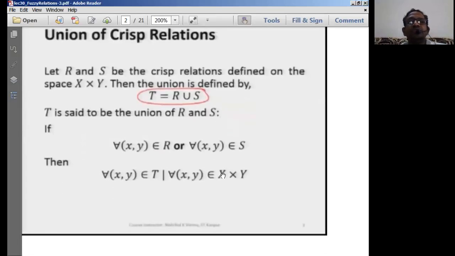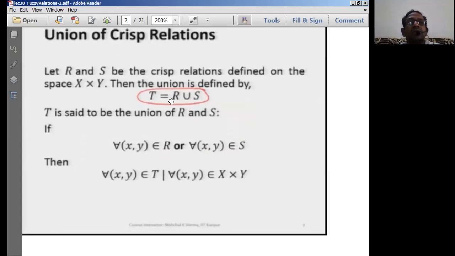So let us suppose here, let R and S be the crisp relations defined on the space X cross Y or X into Y, which is known as the Cartesian product. Then the union is defined by R union S. That means this is nothing but the relationship.